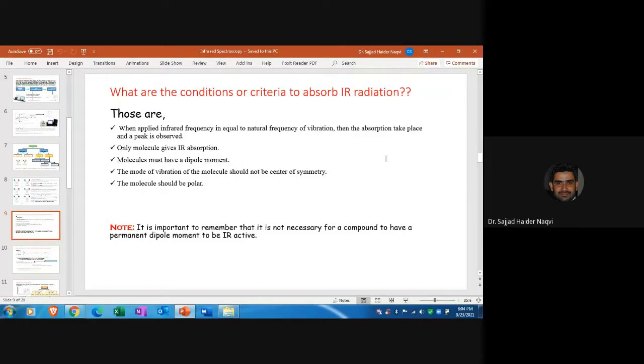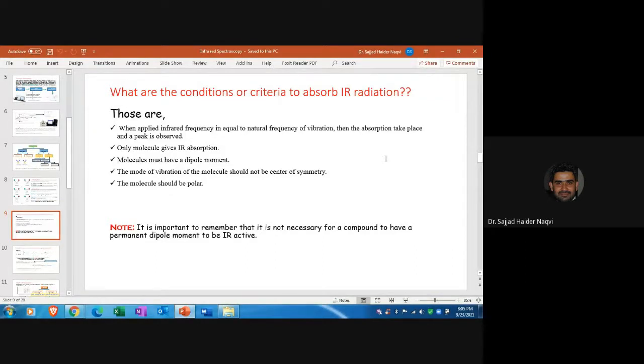It's all about syncing. When there is a synchronization between the applied frequency of infrared and the frequency of vibration of the molecule itself, then there's a peak. That means more of the light is absorbed. Only the molecule gives IR absorption, because the molecule itself is not able to absorb UV or visible light.